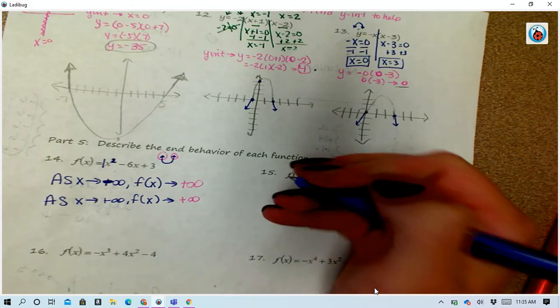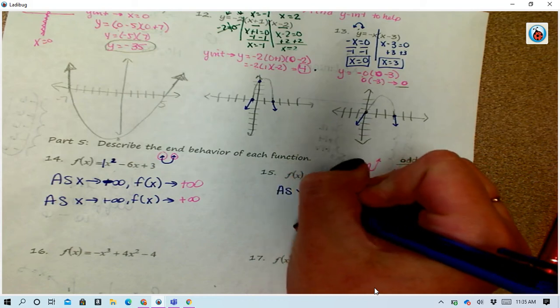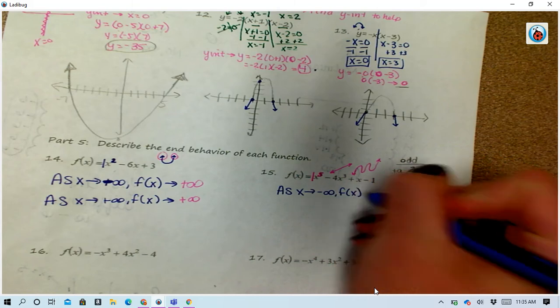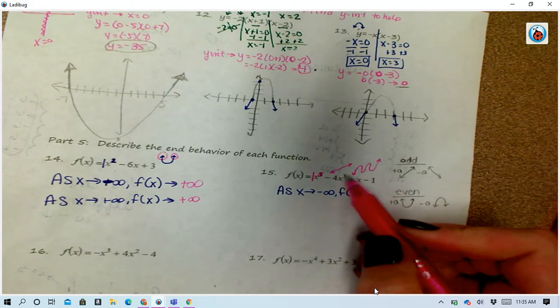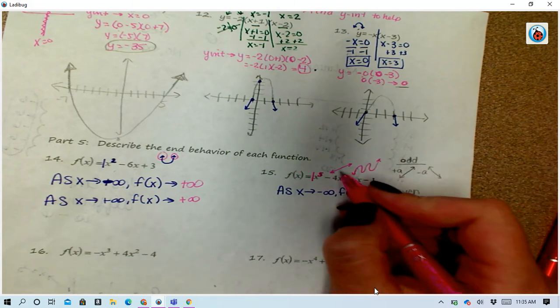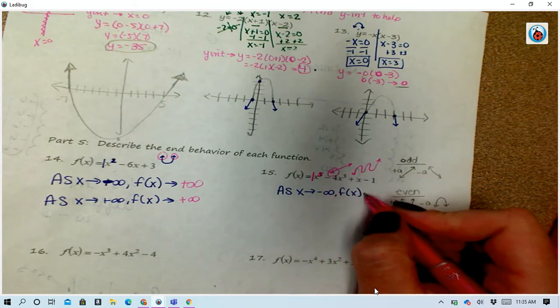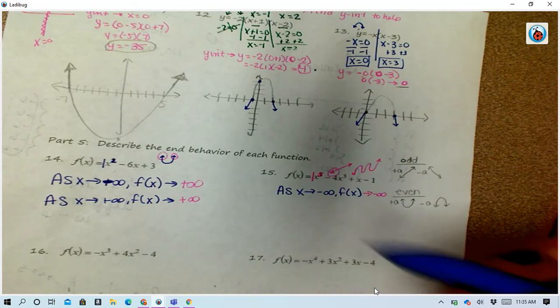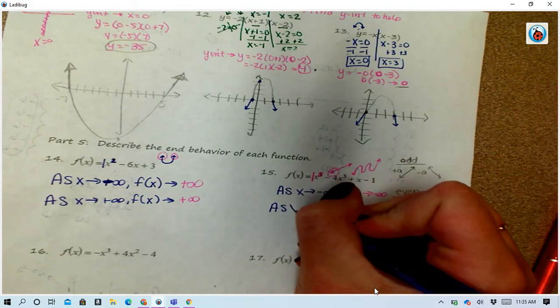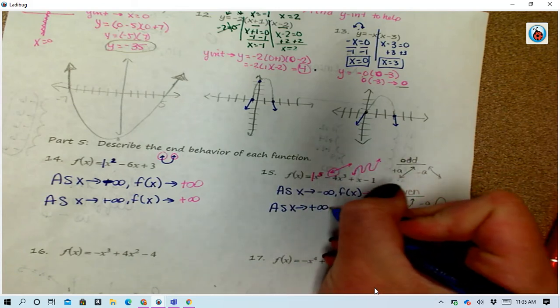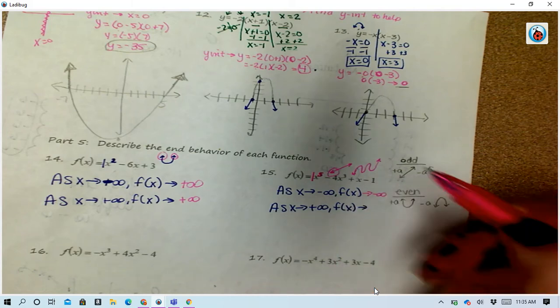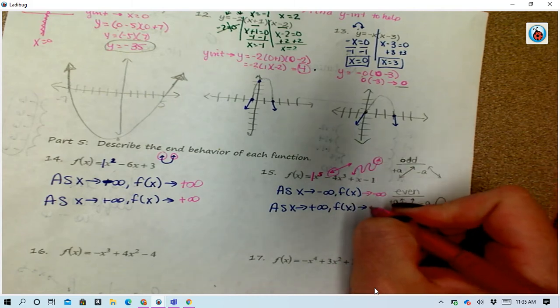As x goes to negative infinity, on the left-hand side, which way does your arrow point? Again, it matches a line with a positive slope, and that arrow goes down to negative infinity. As x goes to positive infinity, your arrow points up towards positive infinity.